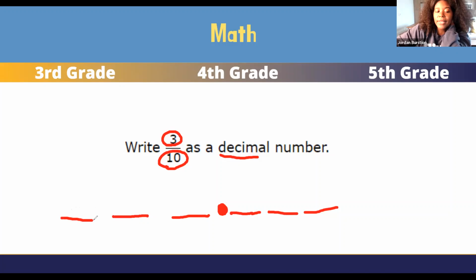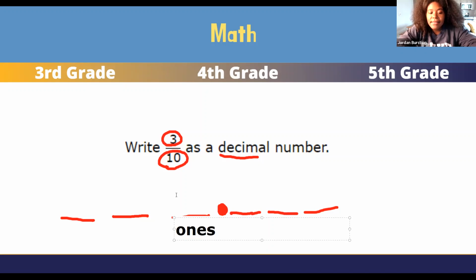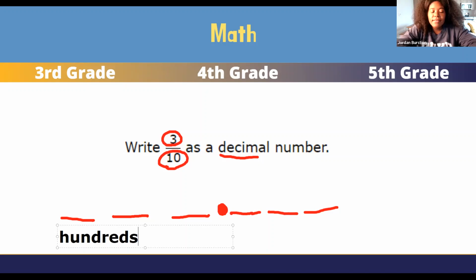And I'm going to fill in our place values. We know that the first place to the left of our decimal point is the ones place. Then we have the tens place, and then the hundreds. And we could go on and on. I'm going to make that a little smaller.